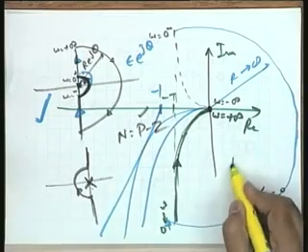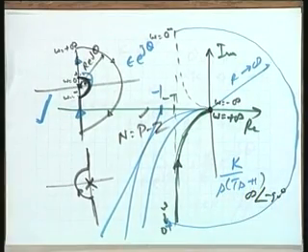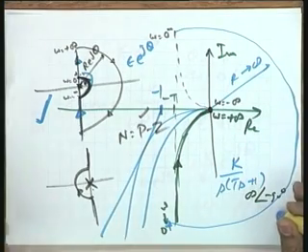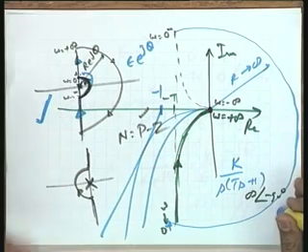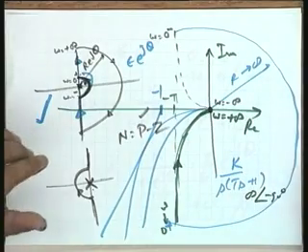So as far as this problem, k over s into Ts plus 1, is concerned, it is stable for all values of k, because the corresponding Nyquist plot will not cross or encircle the minus 1 point for any value of k. This is the conclusion obtained from the Nyquist stability criterion as far as this type 1 system is concerned. Okay?